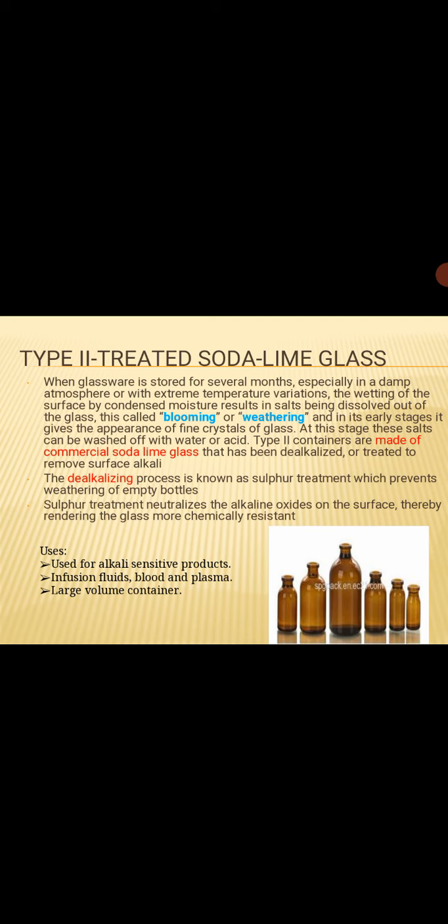The de-alkalizing process is known as sulfur treatment, which prevents weathering of empty bottles. Sulfur treatment neutralizes the alkaline oxide on the surface, thereby rendering the glass more chemically resistant. Used for alkali sensitive products, for infusion fluid, blood and plasma, for large volume containers.